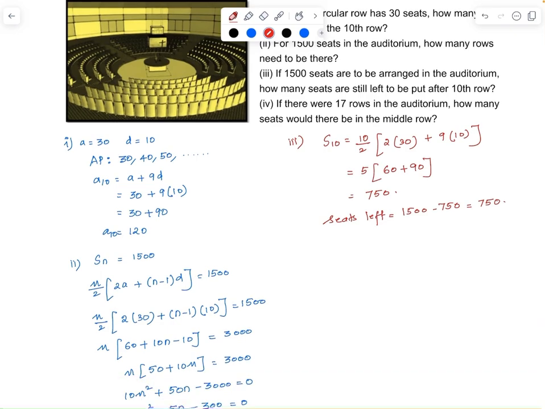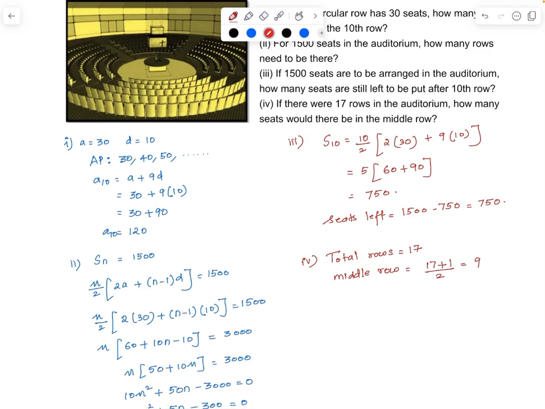Question number 4. If there are 17 rows in the auditorium, how many seats would there be in the middle row? Total rows is equal to 17. Middle row number can be got by 17 plus 1 by 2, which is 9.